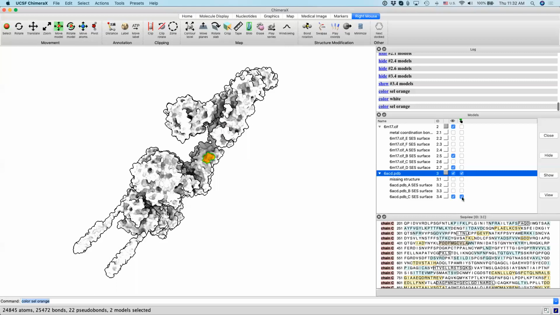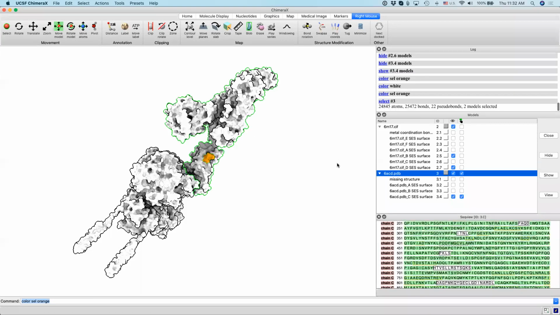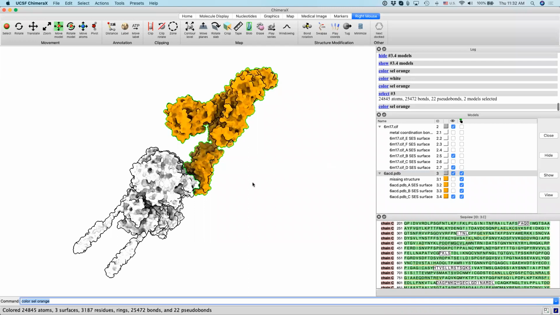I'm just going to select the whole thing. It's going to take a little bit of time for it to get selected. Okay, let's do the whole thing orange, and we'll move it.